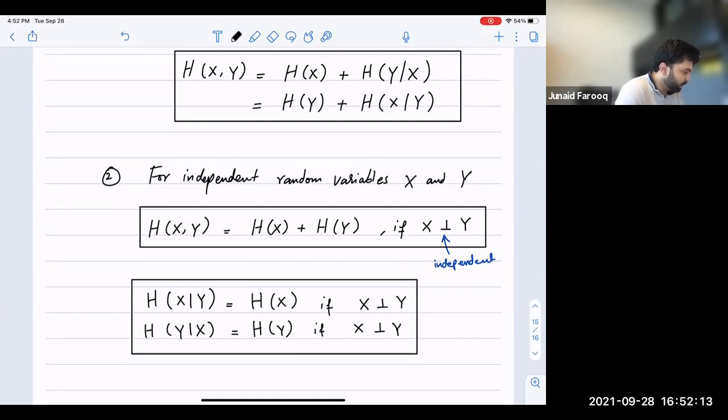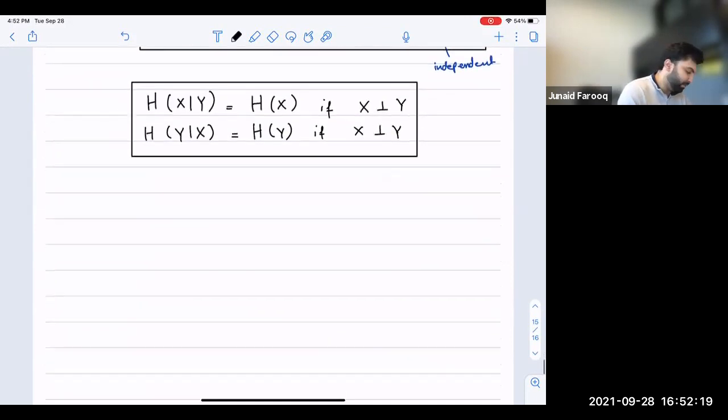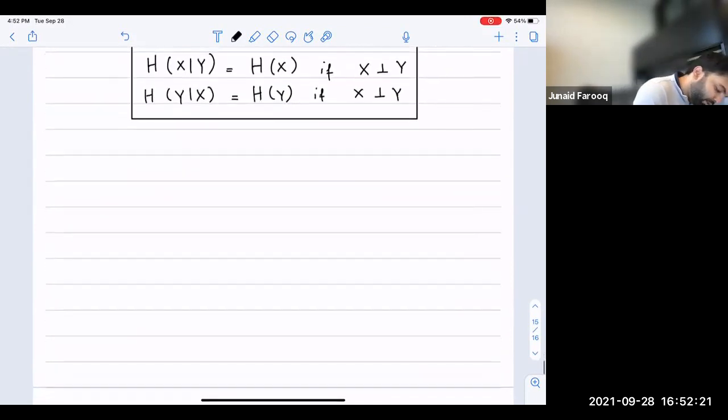Now, I would say the last one, perhaps, in terms of entropy, is something called the relative entropy. So last idea.